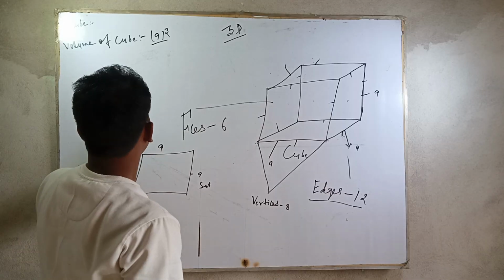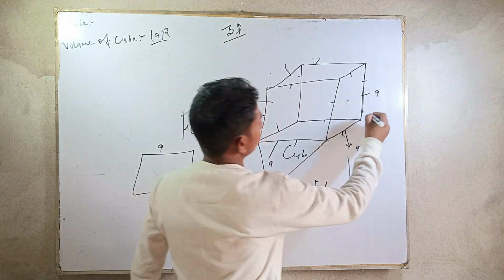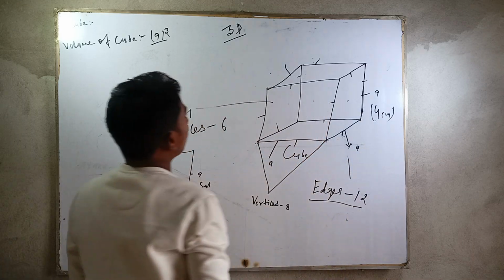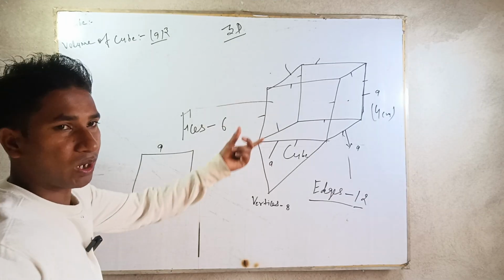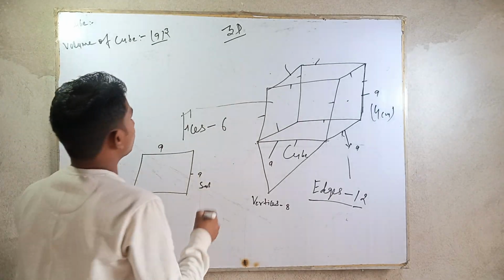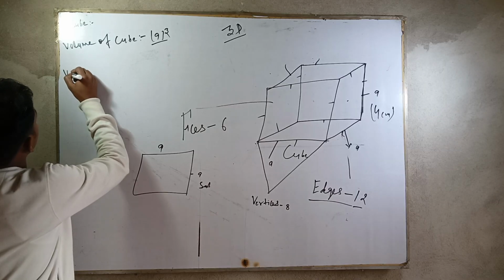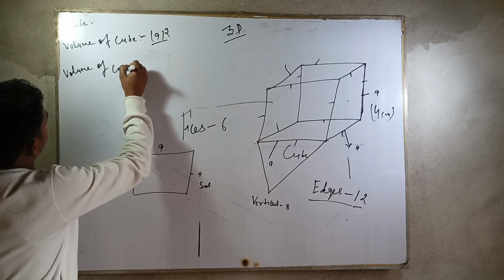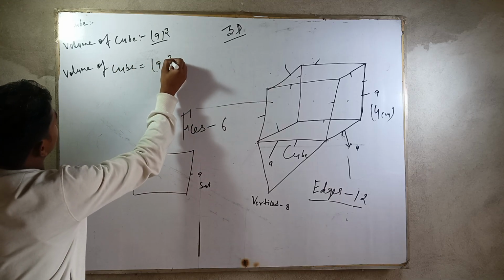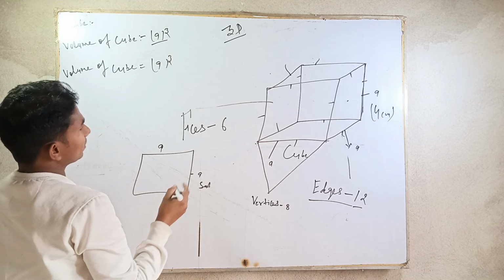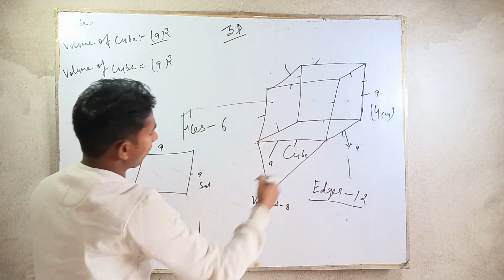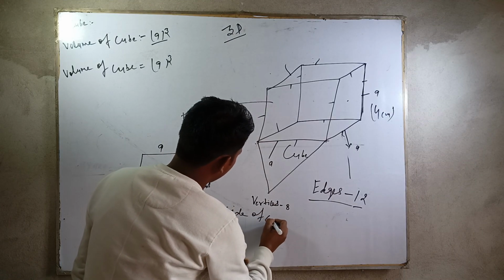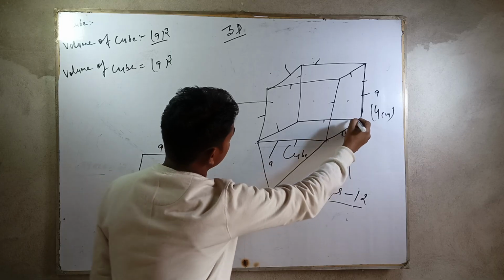Suppose one side is given as 4 centimeter, then what will be the volume of this cube? I know the volume of cube equals a cube, where a equals the side of the cube.